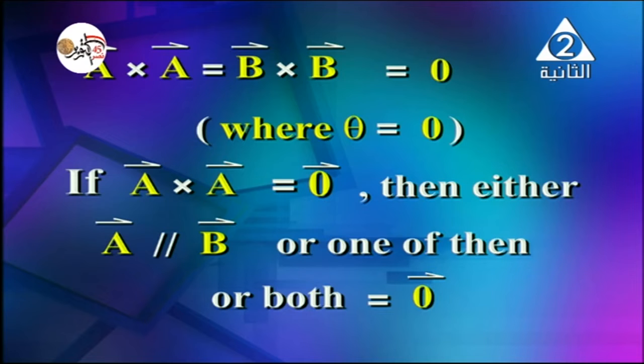Deduce, my dear student, that two vectors are parallel if one of them equals 0 or A cross B vector equals 0.